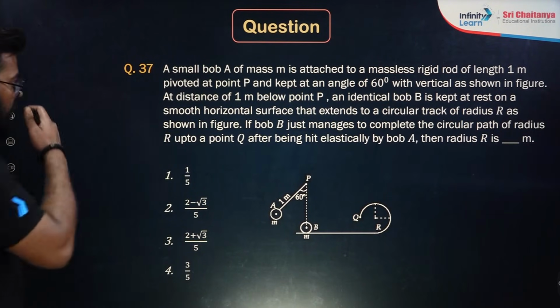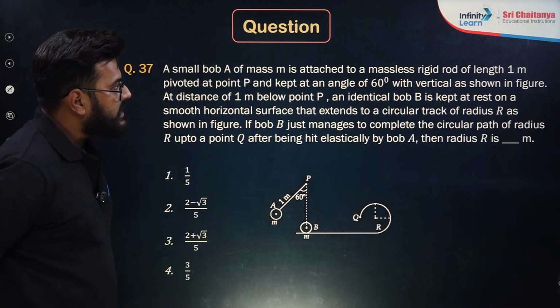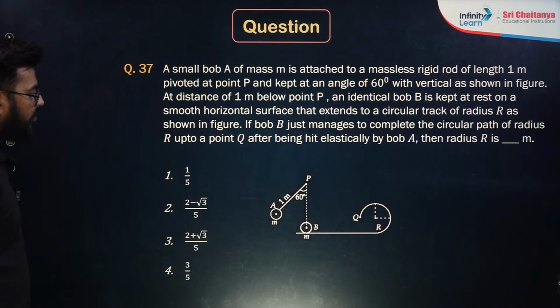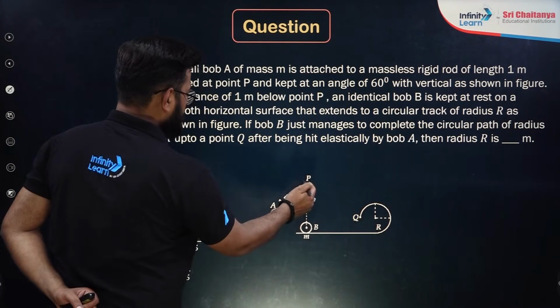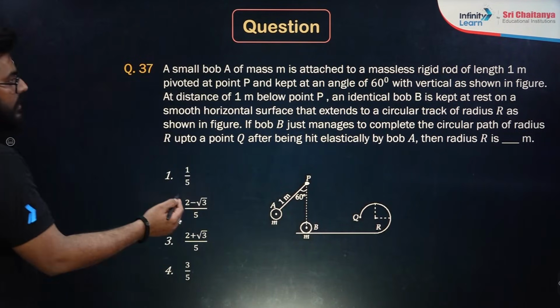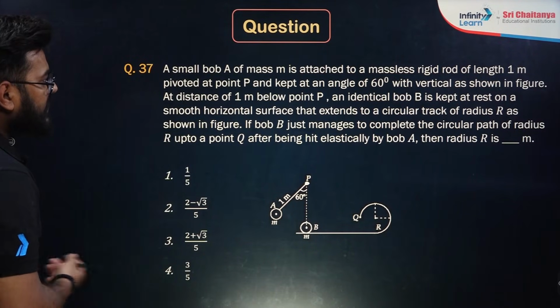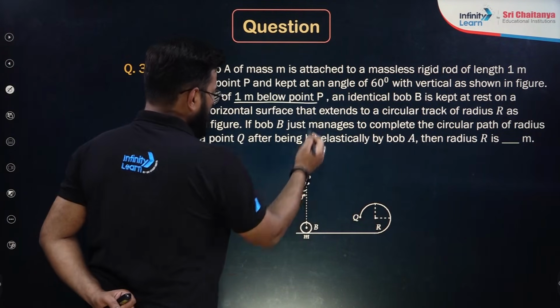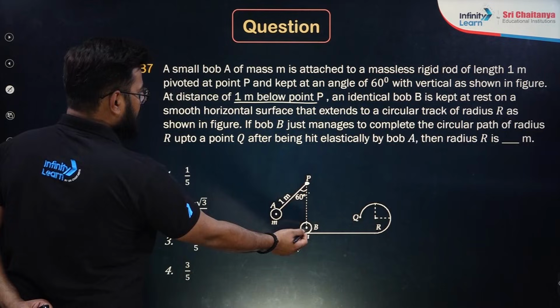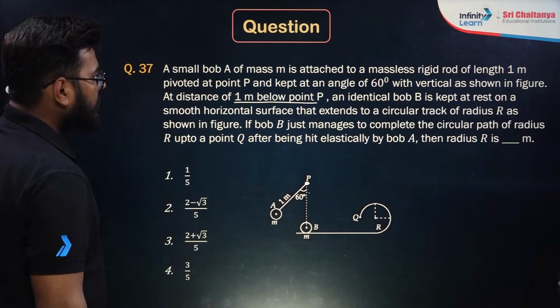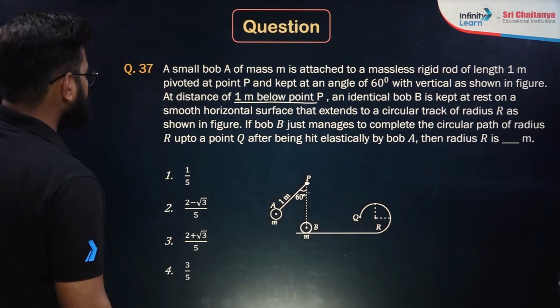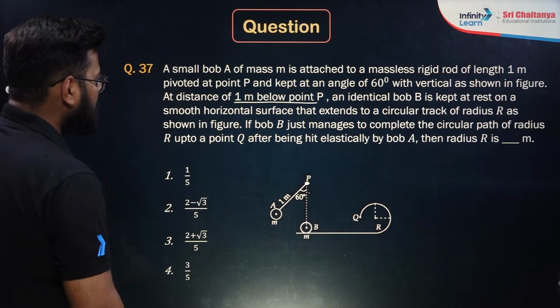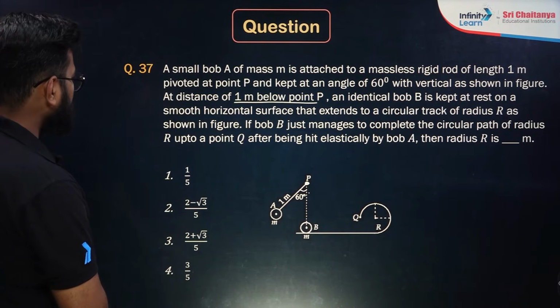Now there is a small bob of mass small m attached to a massless rigid rod of length 1 meter pivoted at point P, and kept at an angle 60 degree with vertical as shown in figure. A distance of 1 meter below point P, an identical bob B is kept at rest on a smooth horizontal surface that extends to a circular track of radius r as shown in figure.